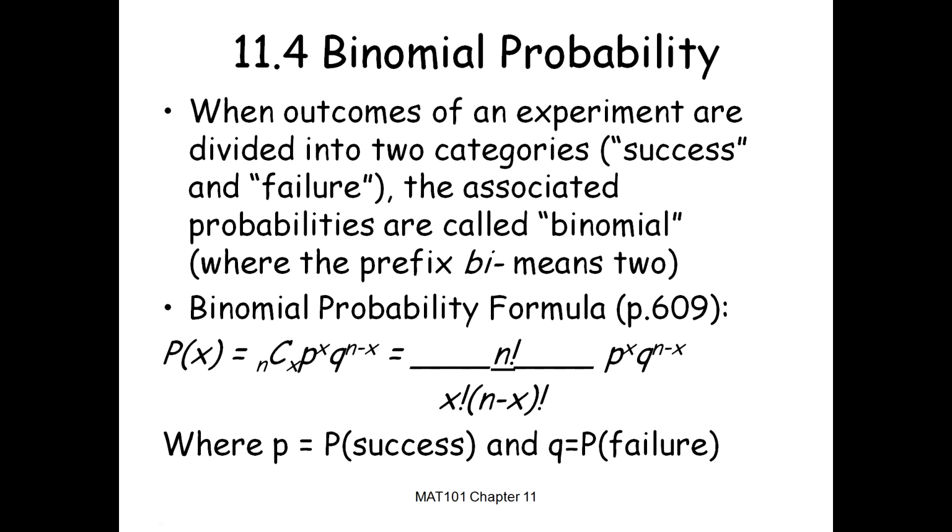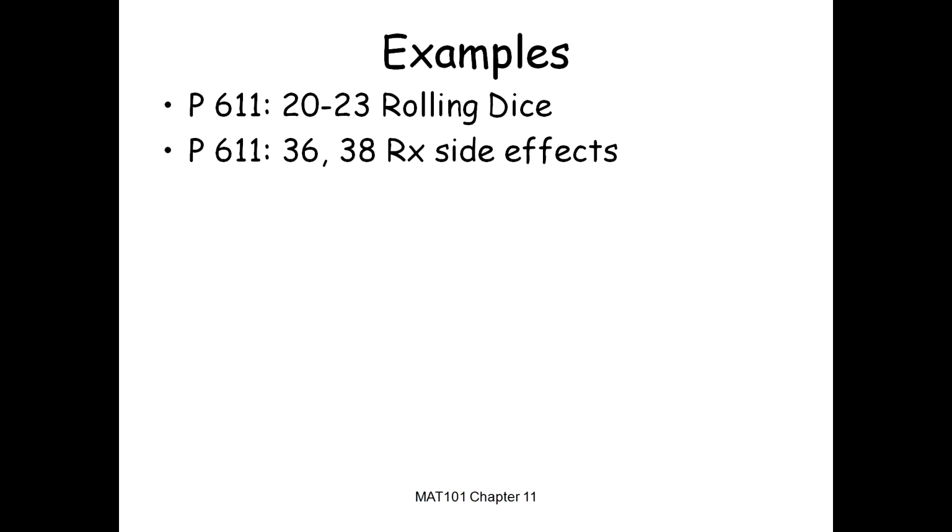We'll take into consideration the combination formula from chapter 10. So we have n choose X, times the probability of the success, P, to the X power, times the probability of the failure, Q, to the n minus X power. This is expanded out like this. Let's look at some examples.